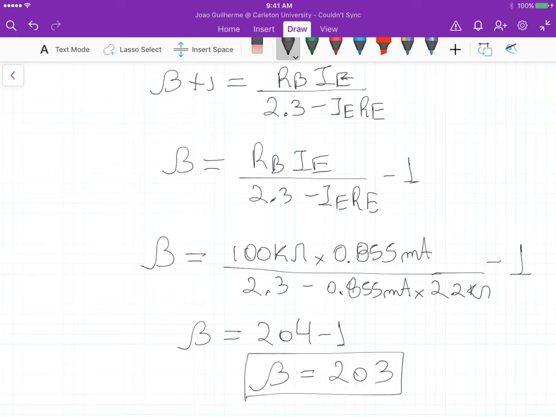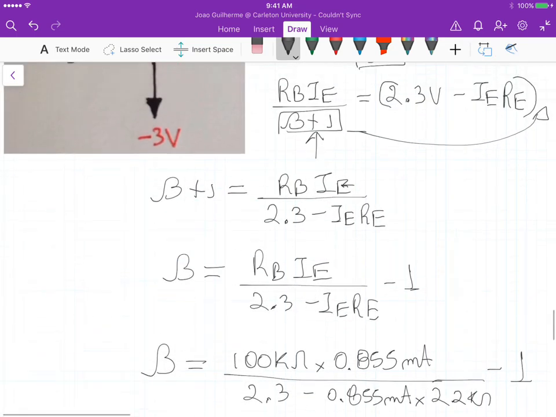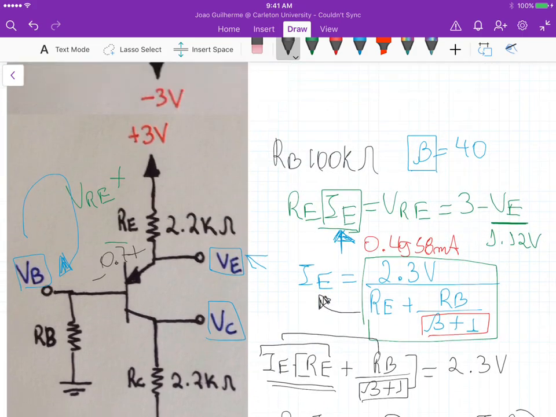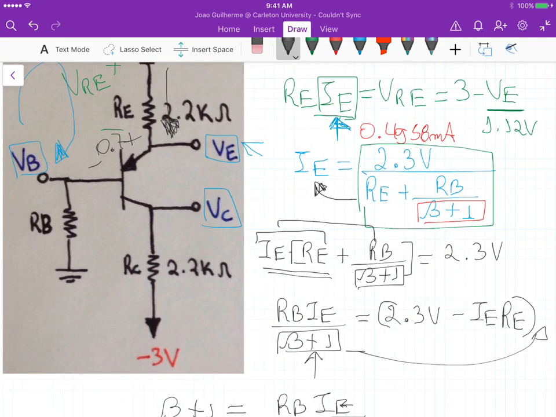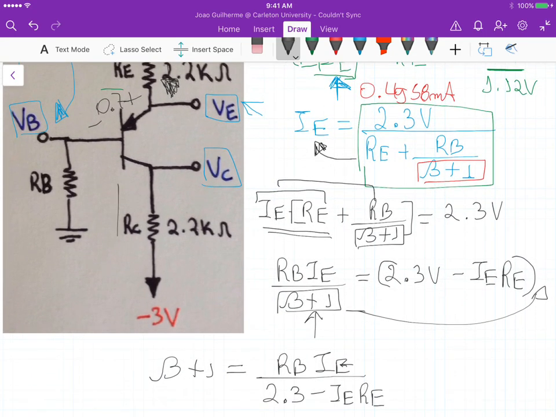And because we have this current IE here, which is the same, basically the currents at the collector and the base will provide the same voltage drop across these resistors, RC and RB. That would give us the same VB and VC.